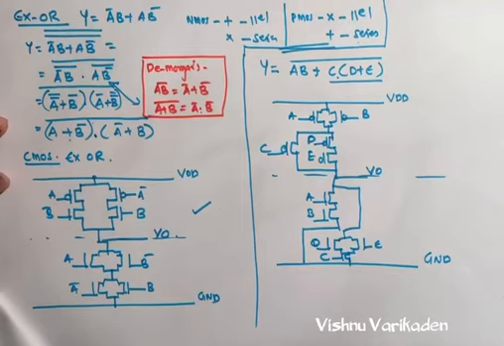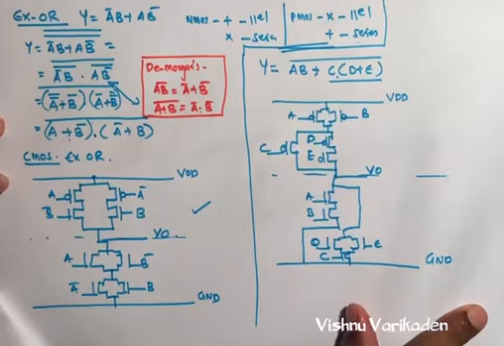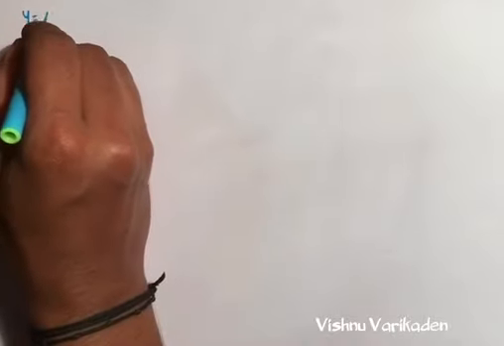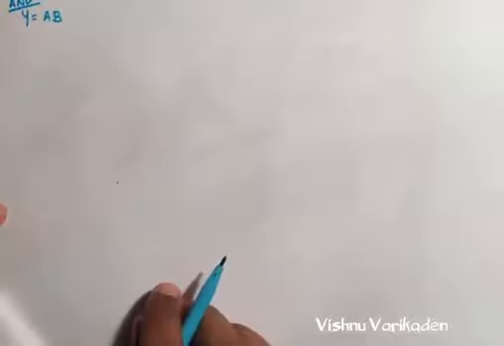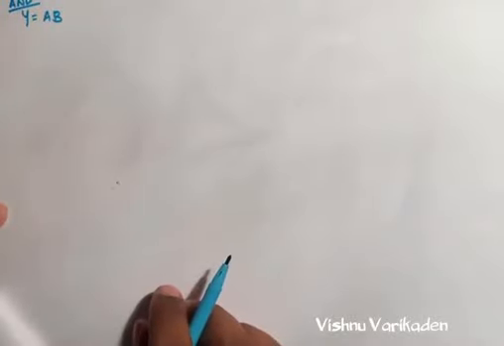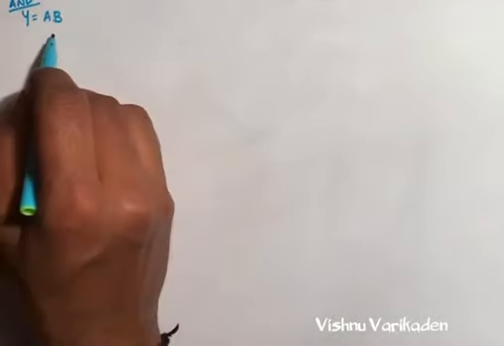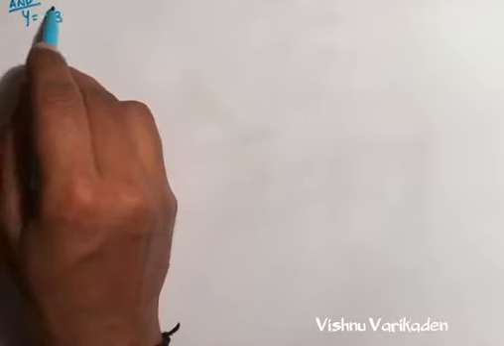So now we can make another explanation or another example, that is a simple equation, Y is equal to AB, that is an AND gate. In this AND gate we can apply De Morgan's theorem because there is no bar on the output.